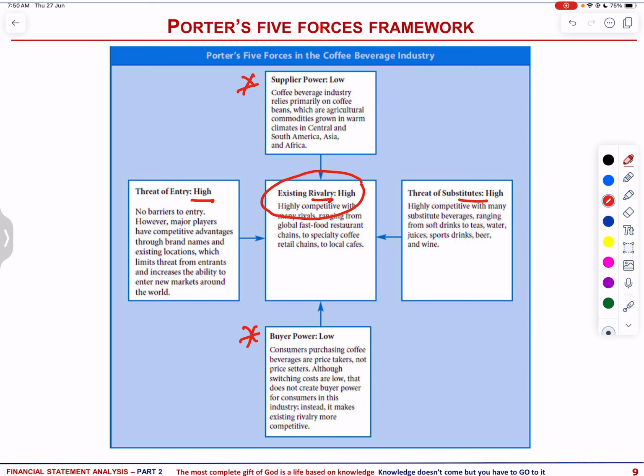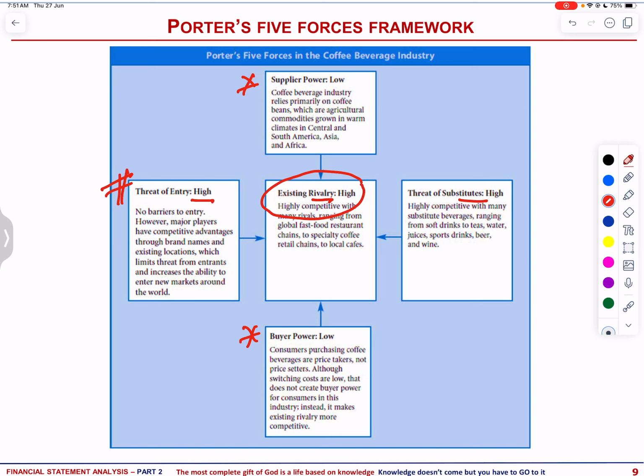Despite being a mature market, the industry still presents growth opportunities. There is significant growth potential in countries like China and India. The threat of entrants is high in the coffee beverage industry due to low barriers to entry like minimal capital investment, technological expertise, patents and or low regulatory hurdles.